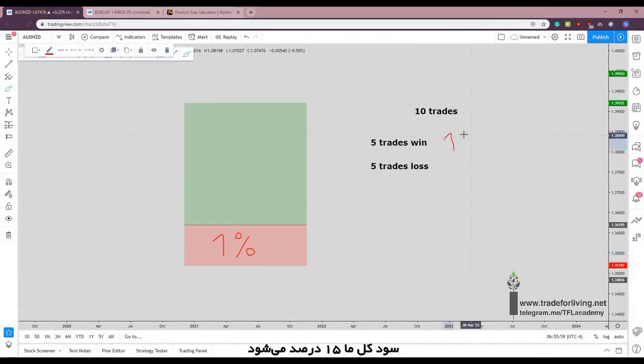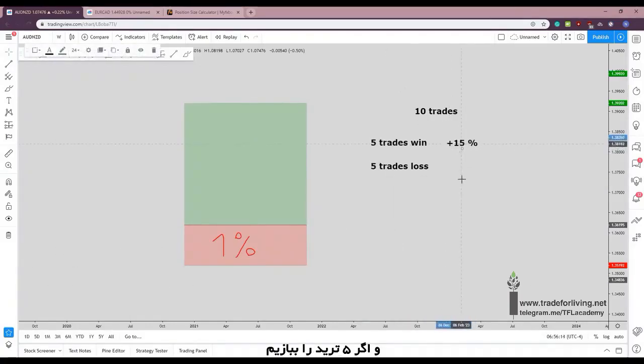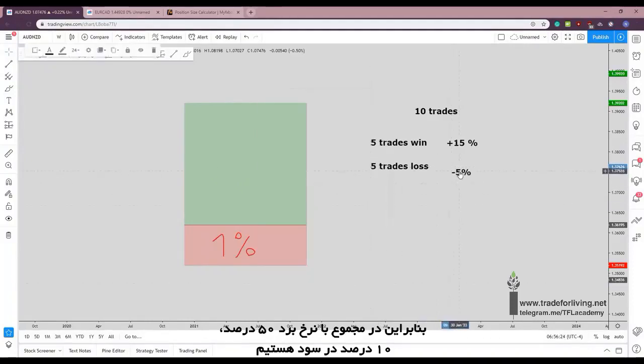Our total gain will be 15%. And if we lose 5 trades, obviously we will lose 5% because we're risking 1% each. So overall, with only a 50% win rate, we are up 10%.